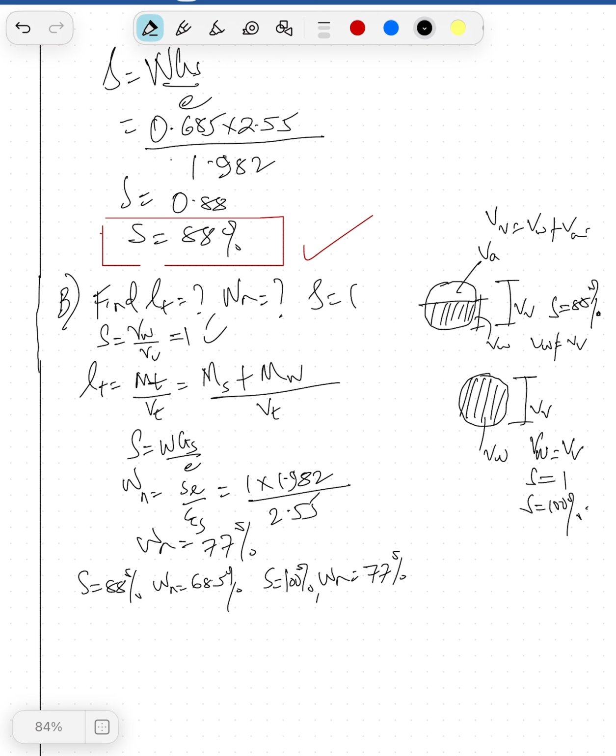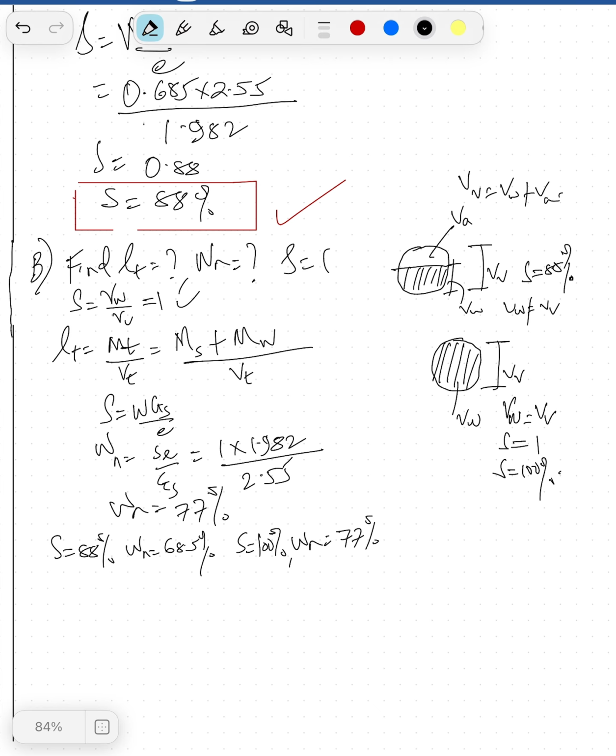So the next thing we have to do, since we already know our water content, is to find the mass of water. Water content equals mass of water over mass of solid. So mass of water equals water content, which is 0.77, times mass of solid.